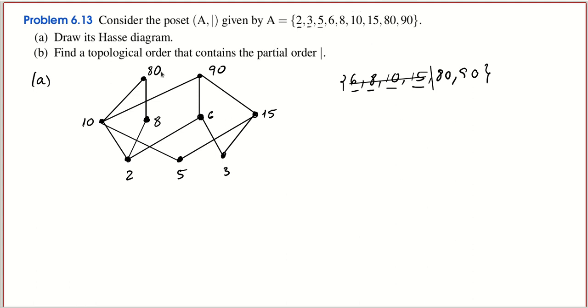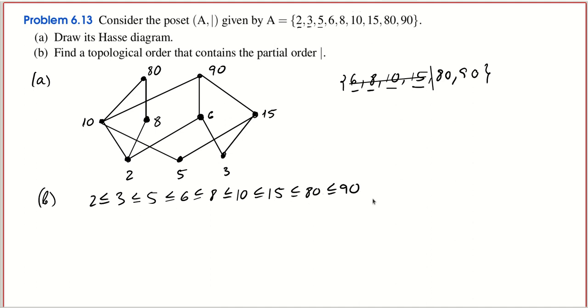And of course, for the total order, what you can do is just take the standard order of the natural numbers, this one. So we can say that 2 is less than 3, is less than 5, like this.